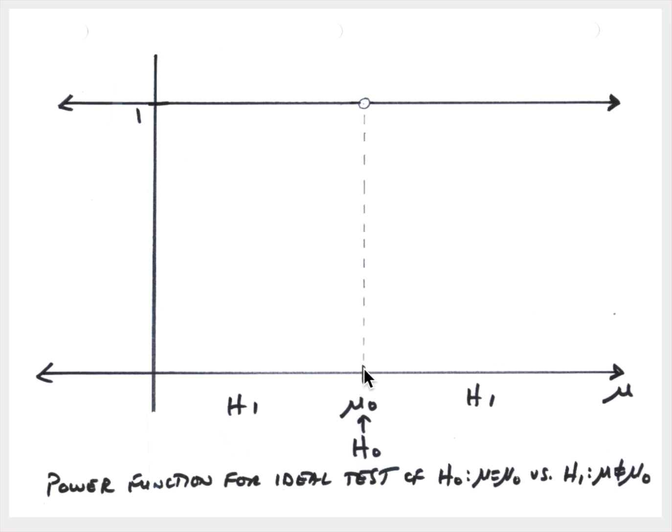Now I should have a black dot there to indicate that that's the power when mu is equal to mu naught. Okay, so I've added my black dot there. So when the null hypothesis is true, the ideal test would never reject the null hypothesis. The probability of rejecting would be 0. But for any other value of mu, the probability of rejecting would be 1 for the ideal test. And so this is what the power function of an ideal test looks like for a two-tailed test.